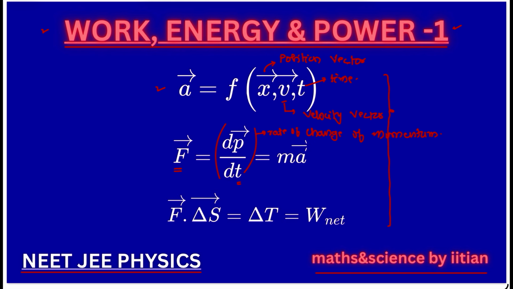What is dp by dt? p is the product of mass into velocity.